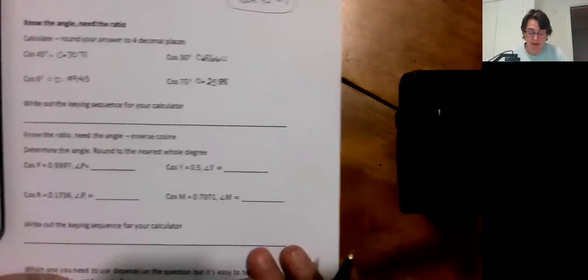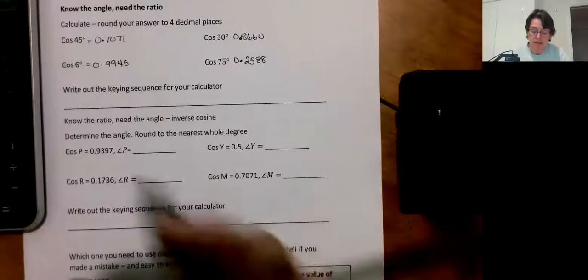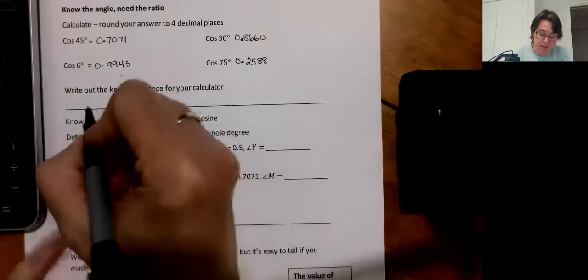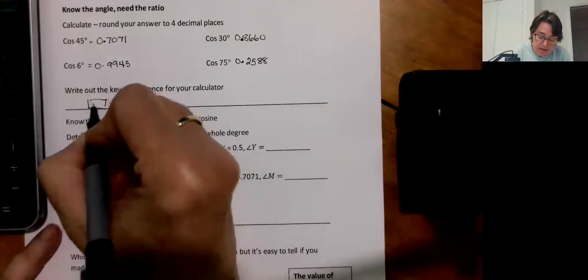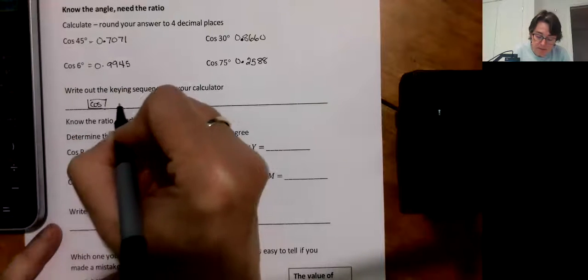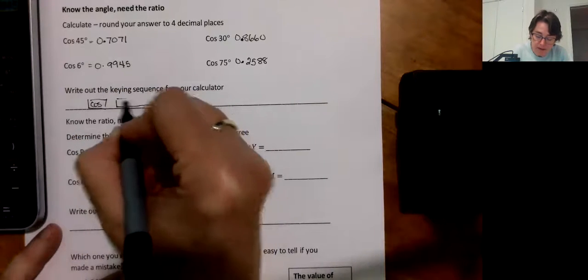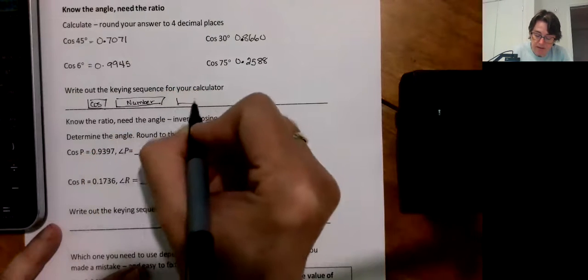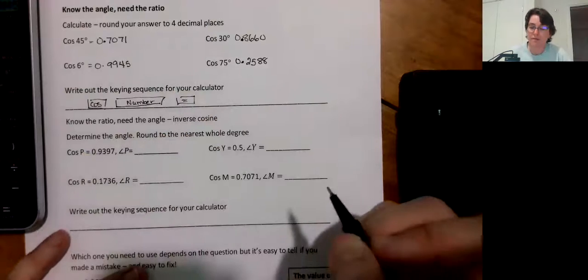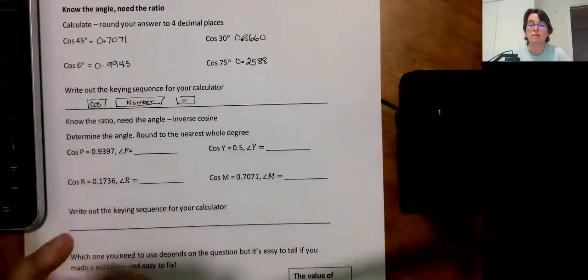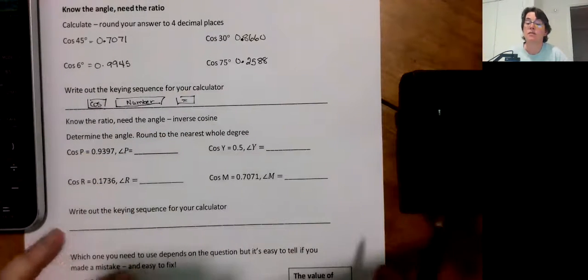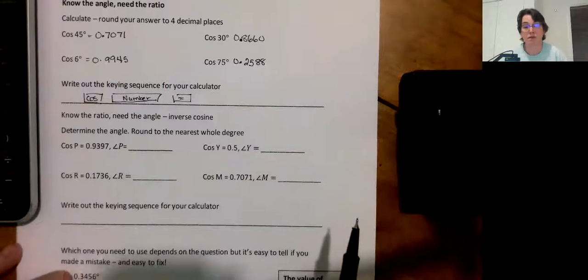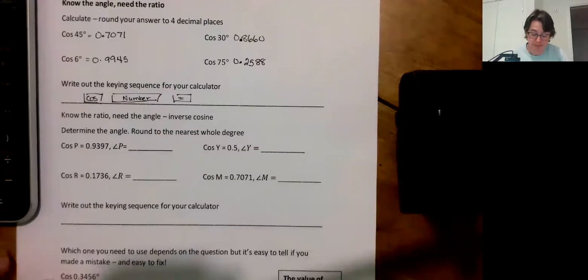So the keying sequence for my calculator is cos, and then the numbers and equals. The key here for this specific calculator is the word cos goes in first. I said sometimes it goes the other way.